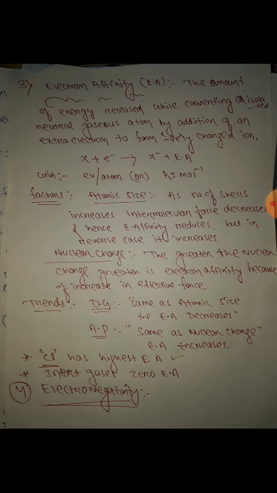Its two factors are atomic size and nuclear charge. The trend is written the same as that of atomic size: electron affinity decreases down the group, and along the period it increases.